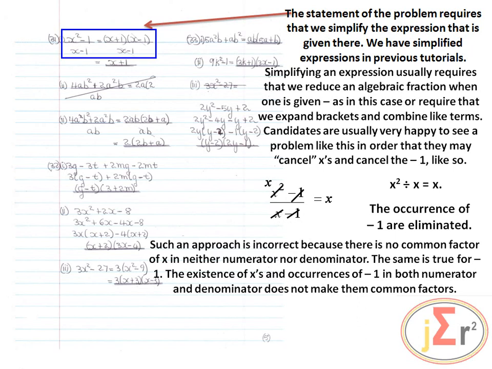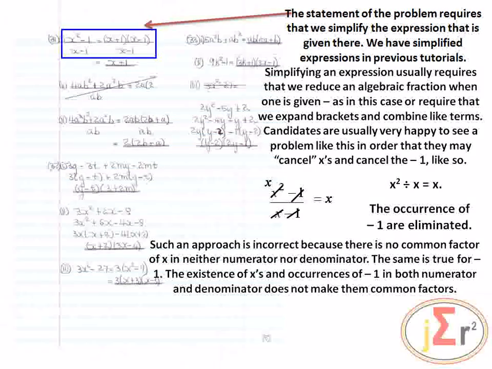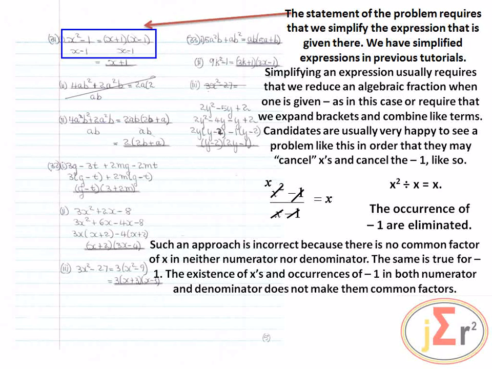The same is true for negative 1. The existence of x's and occurrences of negative 1 in both numerator and denominator does not make them common factors. Although they are present, that does not make them common factors.